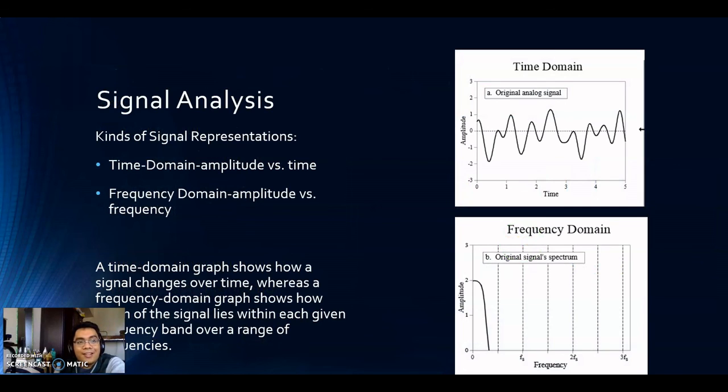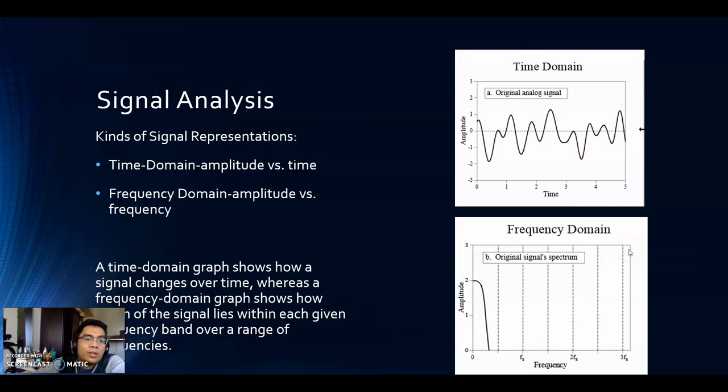So in signal analysis, once again, there are kinds of signal representations. The first one is the time domain, and the other one is the frequency domain. Time domain is basically amplitude versus time, as you can see here. And the other one is the frequency domain, which is amplitude versus frequency, which you can also see here.